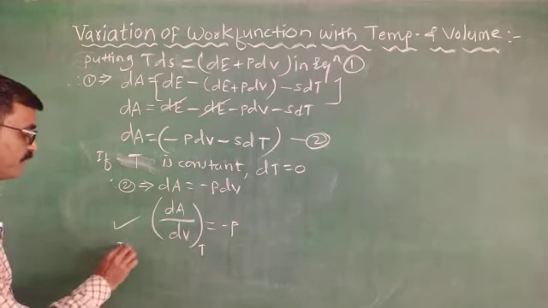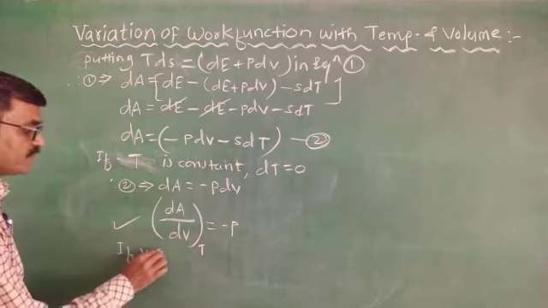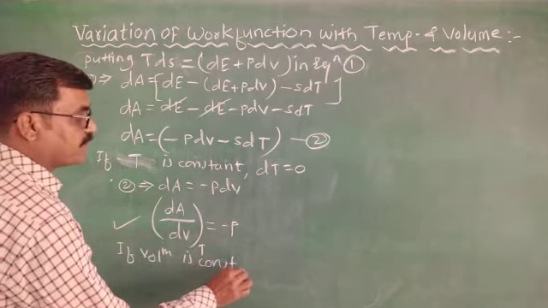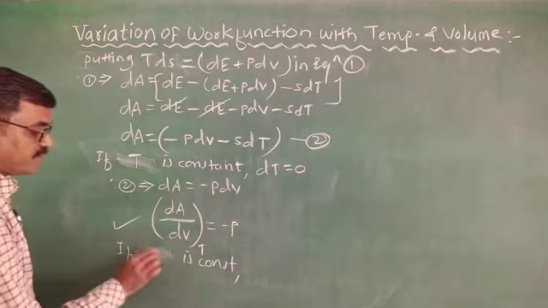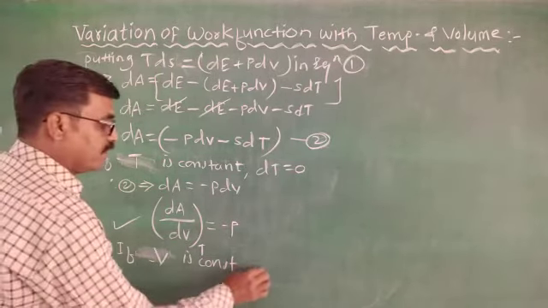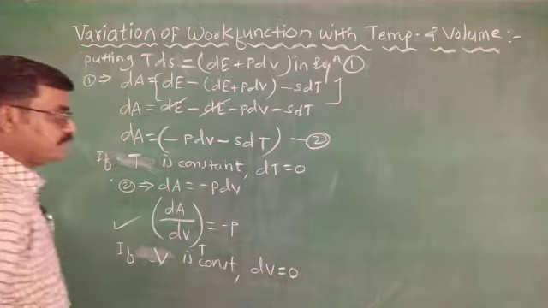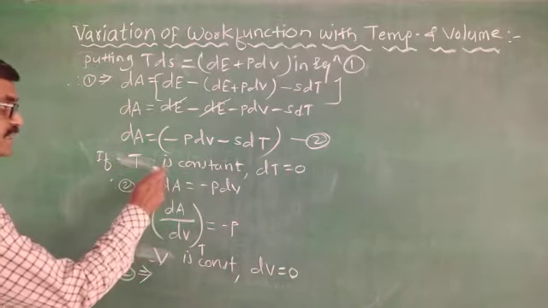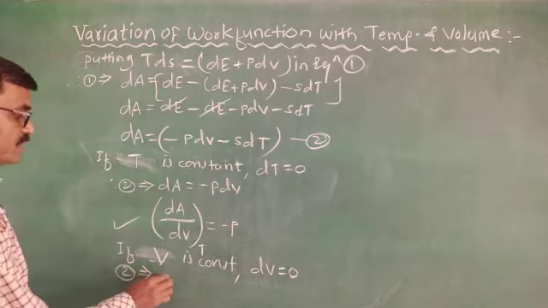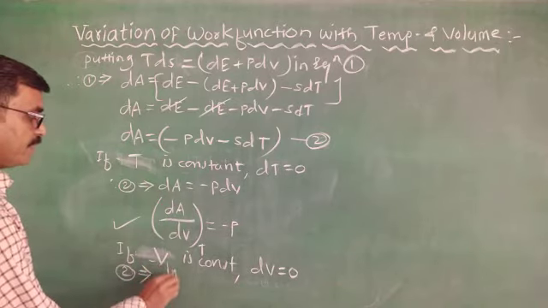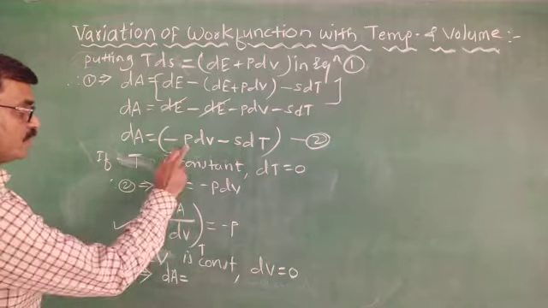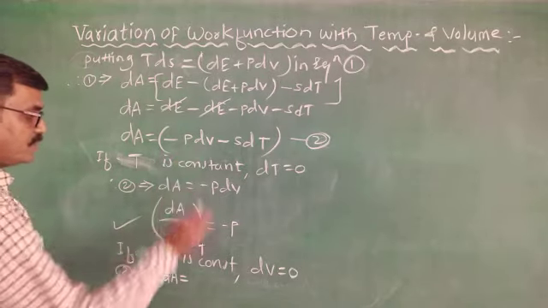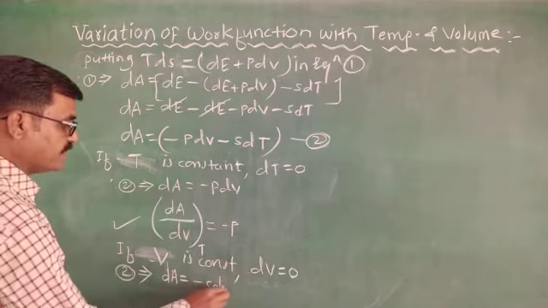Or if volume is kept constant, then dV becomes equal to 0. Then equation 2 gives dA is equal to P multiplied by 0, which is 0, so it becomes minus S dT.